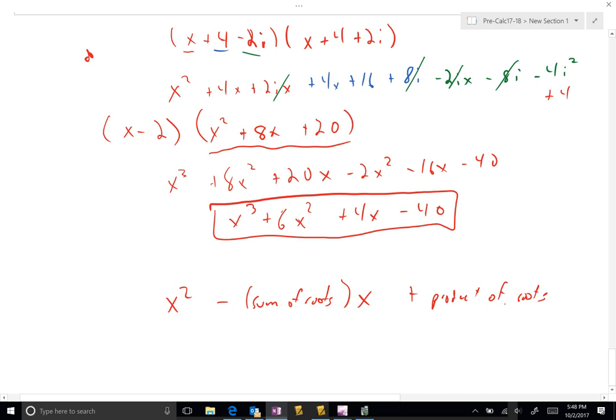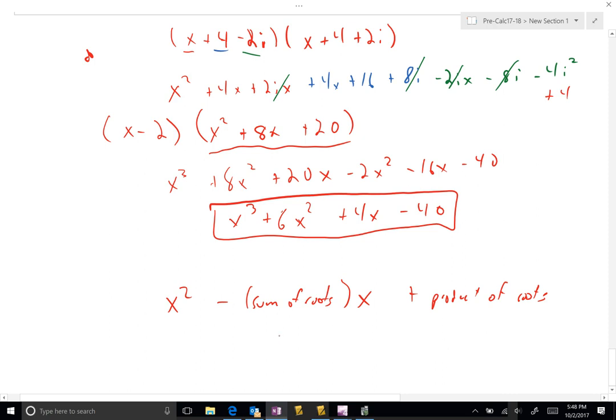Okay. All right, well, sum of roots. We're just looking at the two complex roots. So our sum of roots, we're ignoring the x minus 2 or the root of 2 when we're talking about sum of roots. We're just putting together the quadratic using our complex roots.